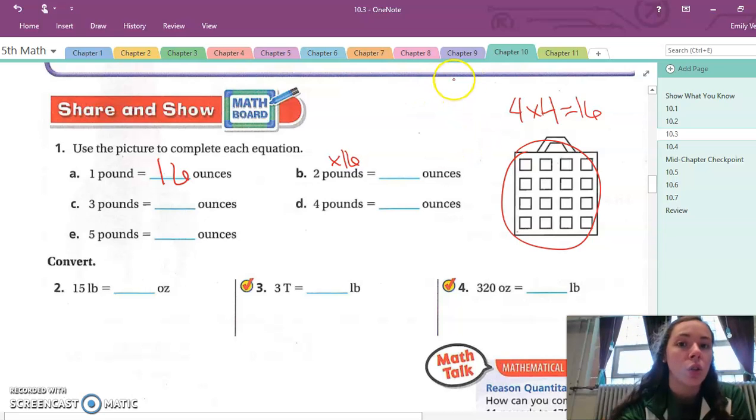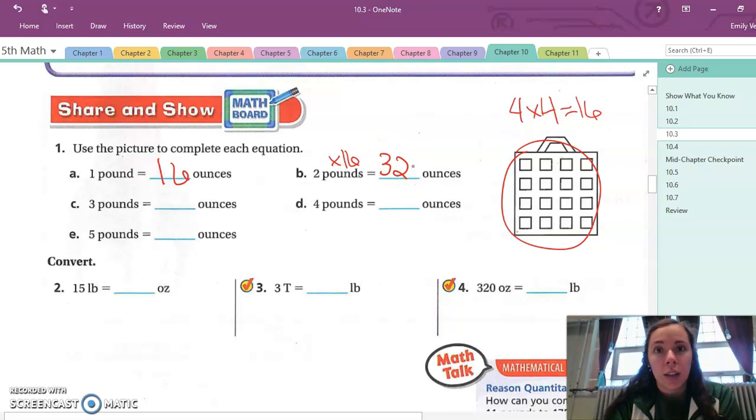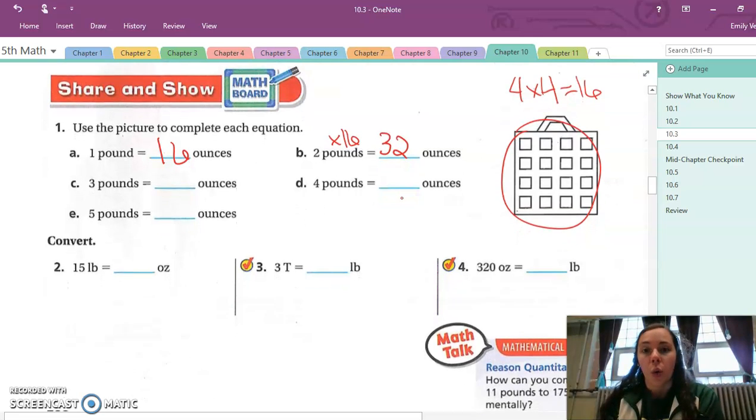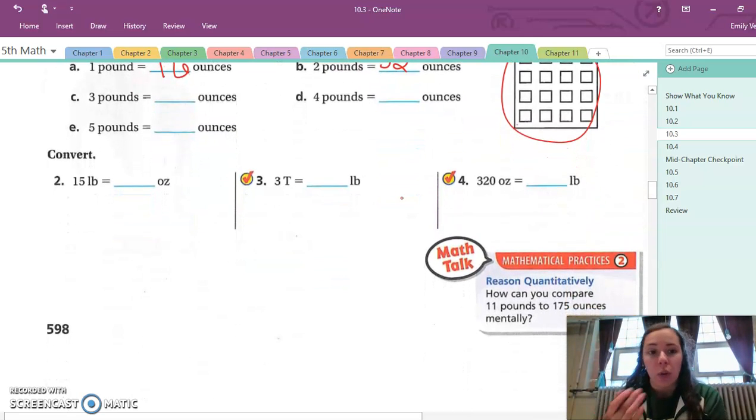Work it out if you need to. This is what I got. Okay. And then go ahead and finish filling out C, D, and E. 3 pounds, 4 pounds, 5 pounds, how many ounces for each of those? Okay. The questions for the rest of these are just like what we've been practicing.